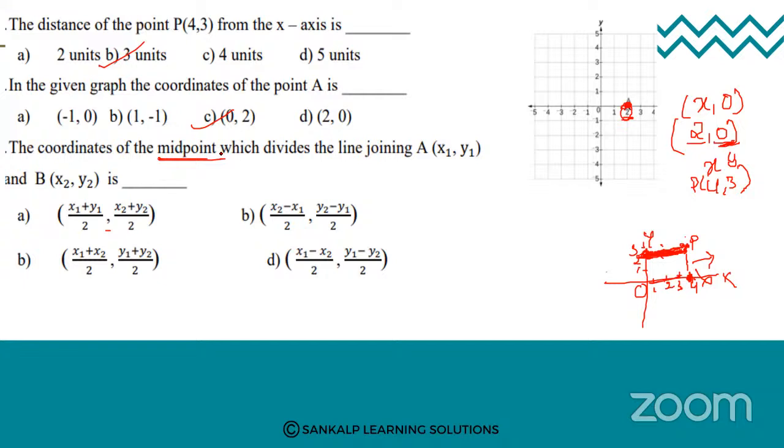Options: x1 plus y1 divided by 2, x2 plus y2 divided by 2; or x2 minus x1 divided by 2, y2 minus y1 divided by 2; or x1 plus x2 divided by 2, y1 plus y2 divided by 2; or x1 minus x2 divided by 2, y1 minus y2 divided by 2. Yes. Which option is correct here? Option C is right. Okay. x1 plus x2 divided by 2.